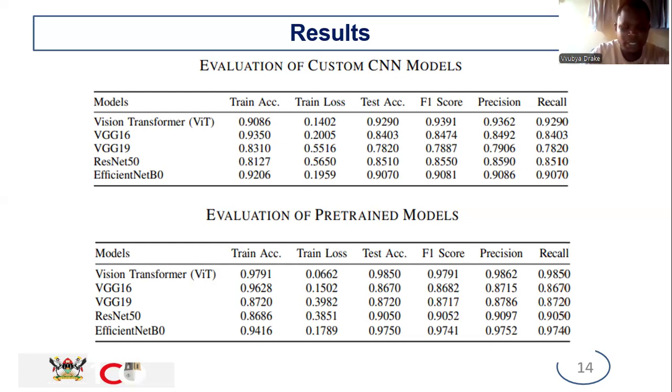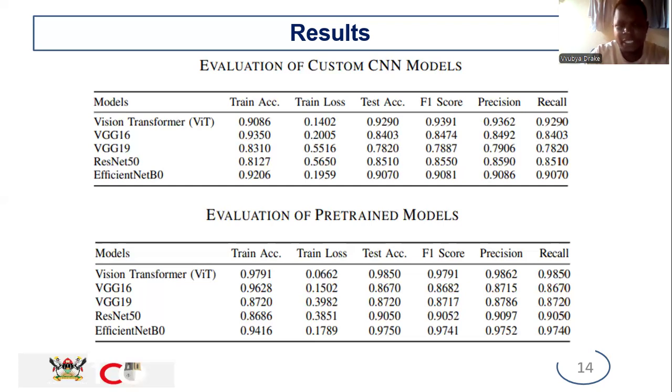The self-attention allows the model to understand the relationship between different parts of the image by assigning importance scores and focusing on the most relevant patches, which helps it capture more global dependencies.